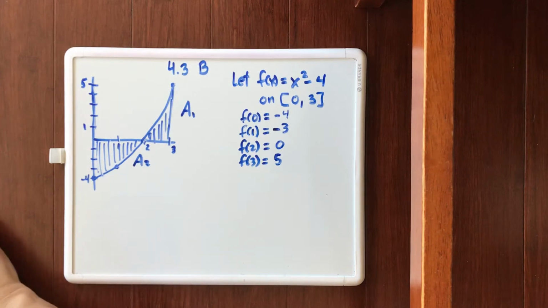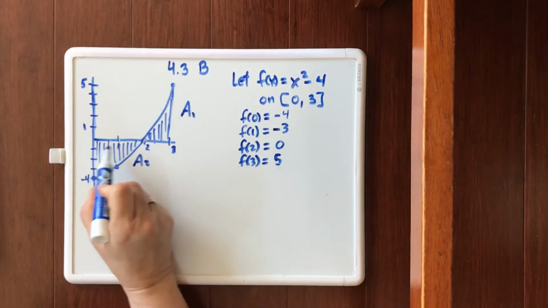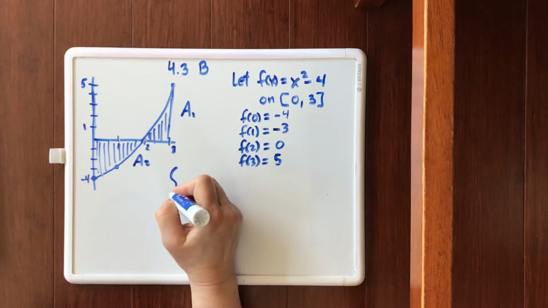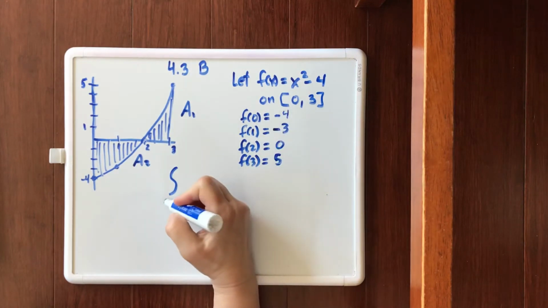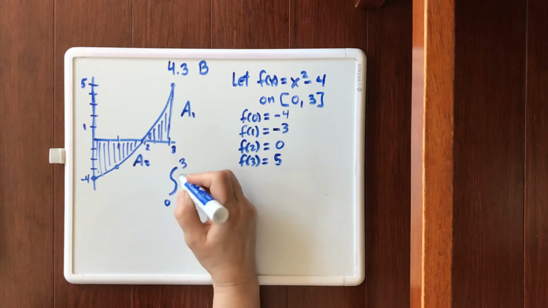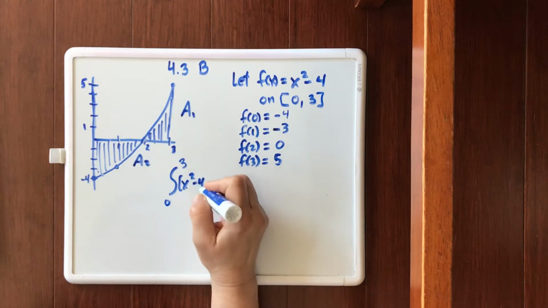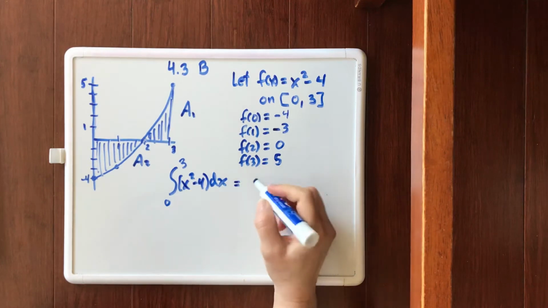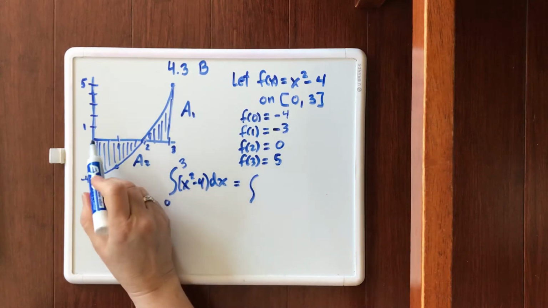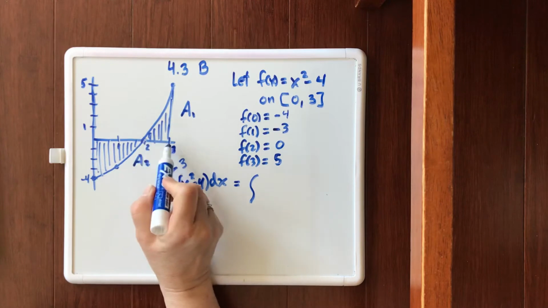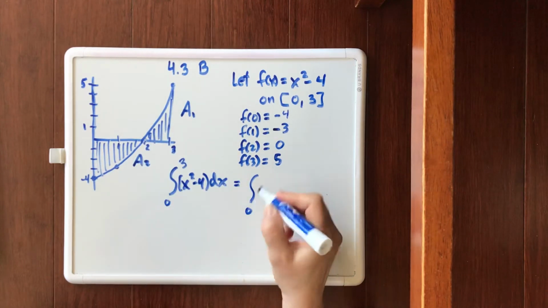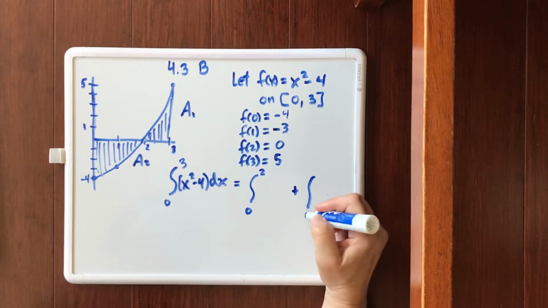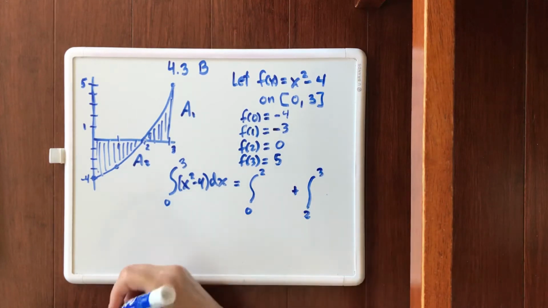All right, so how we integrate this is we split it up in two portions. So to start with, we'd say we're looking from 0 to 3 of x squared minus 4 dx. Okay, we're going to split that up right here from 0 to 2 and then from 2 to 3. So 0 to 2, and then we're going to add that from 2 to 3.